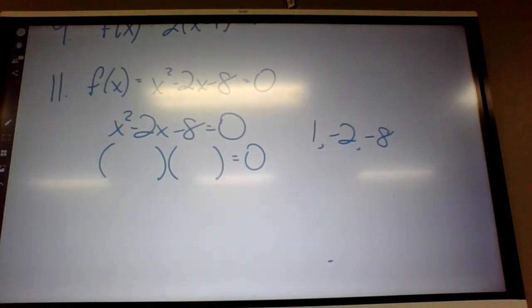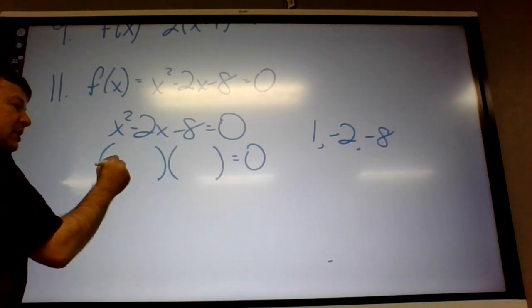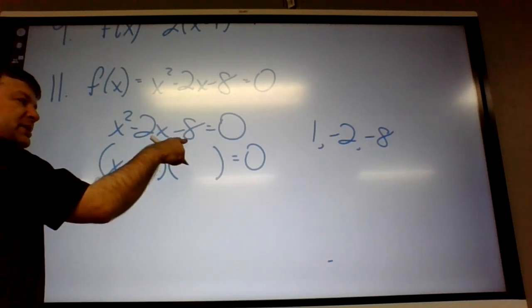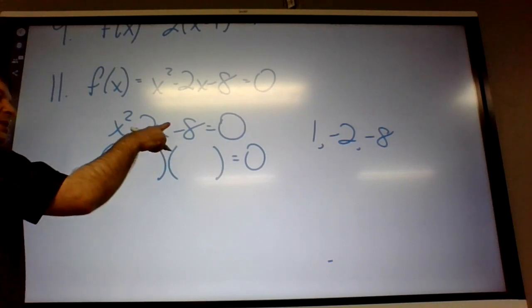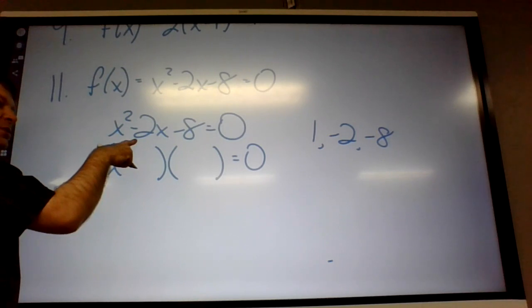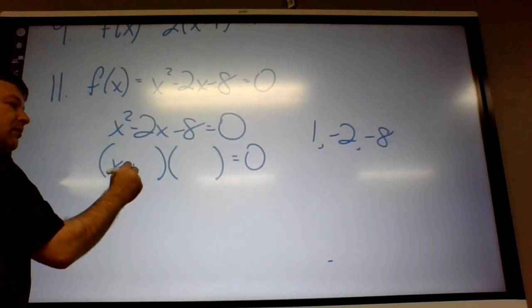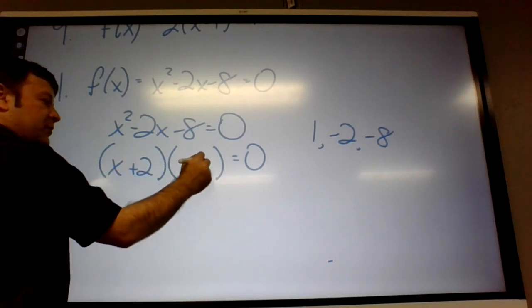Here's the formula, still up here. So if you did well on that assignment, if you're good at factoring, it's actually faster. What multiplies into -8 that adds up to -2? 4 and 2, but how do I get them to add up to -2? 2 minus 4, right?